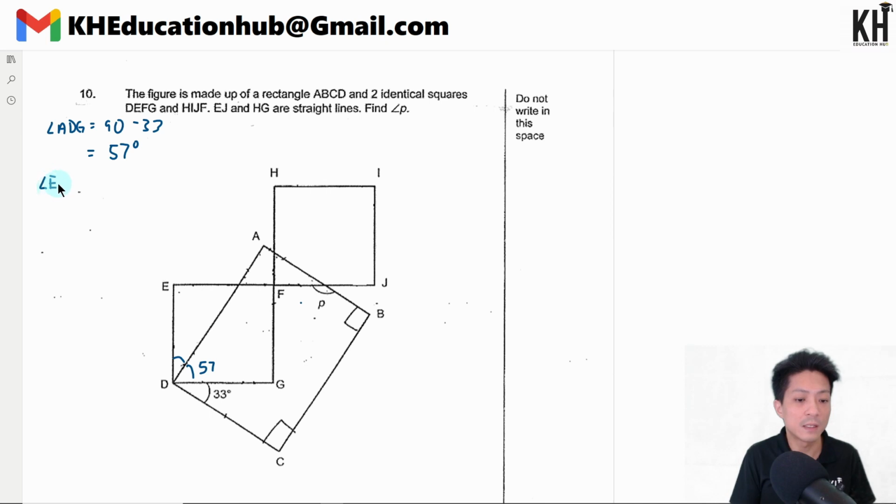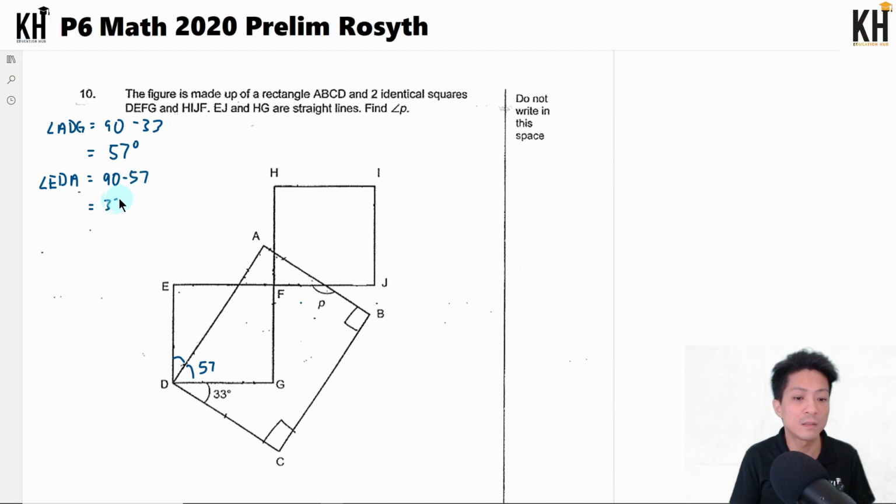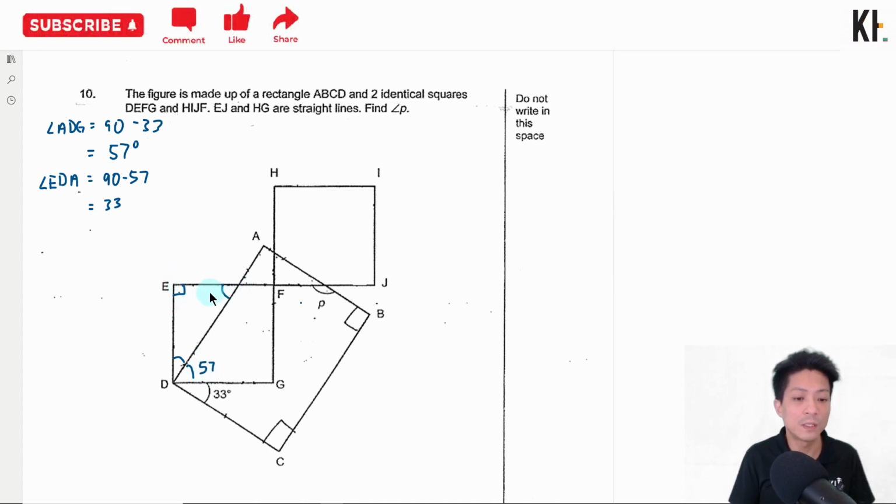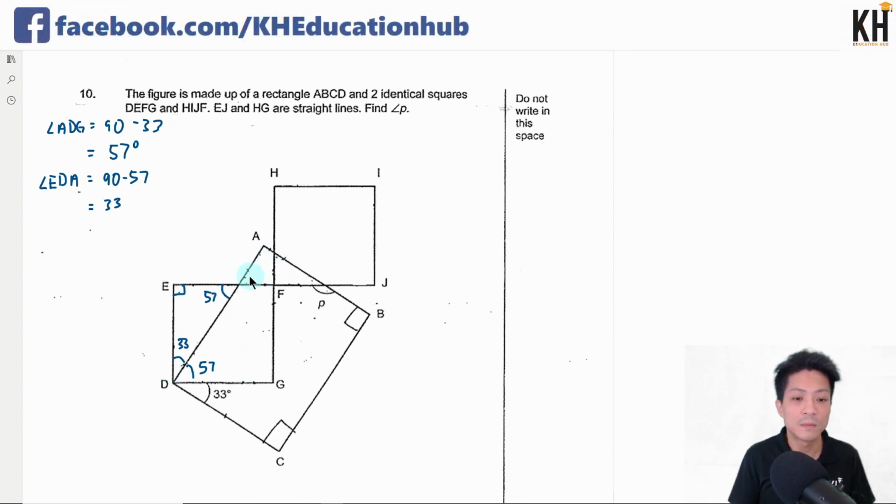You realize the angle EDA is 90 minus 57, which will give you back 33. We know that this is 90, and so we know that this is also 57. I would have gotten it by using the alternate angle rule, but it is okay. So we know that this angle here is 57 also by vertically opposite. This corner here is 90 degrees, and so you know that this is 33.